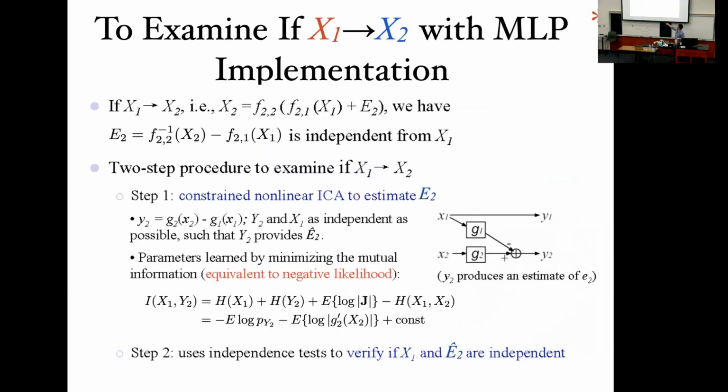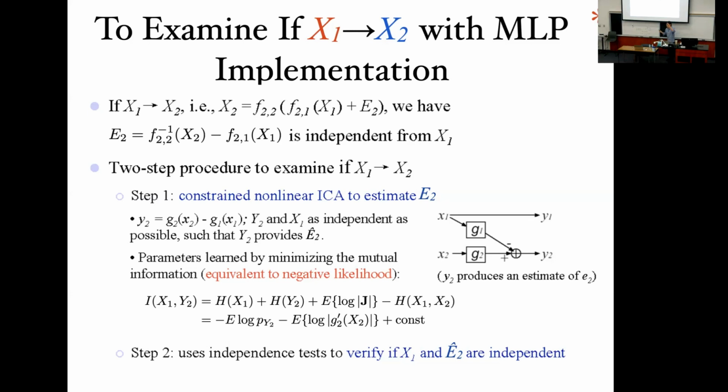As you can see from here, the problem is how you can estimate the two nonlinear functions. Here, it's not difficult. This is some kind of constrained nonlinear ICA problem. You want to transform x1, x2 in a specific way in order to recover E2, which is supposed to be independent from x1. And this is almost the same as regression. When you do linear regression, you want to minimize the error, right? Equivalently, you can say you want to make the error independent from the predictor. They're the same thing.